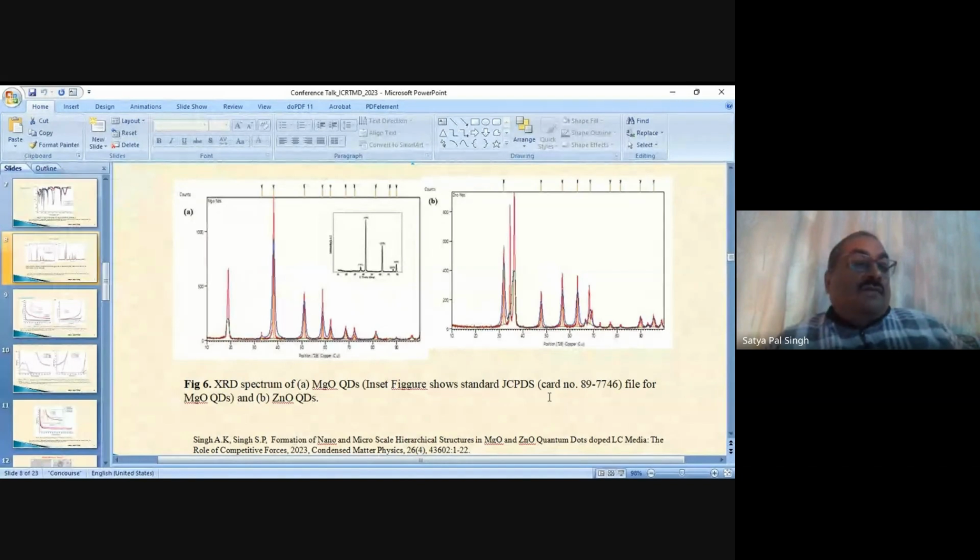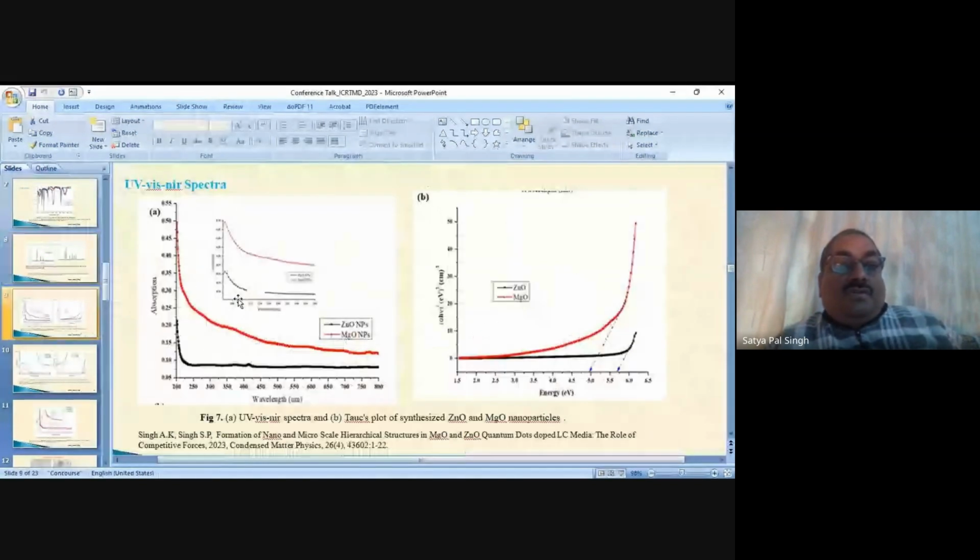Next thing, we do UV visible NIR spectroscopy analysis in order to obtain the band gap of these nanoparticles, MgO and ZnO nanoparticles. One way is to obtain the edge wavelength, and another way is we use the Tauc formulation, which is most commonly used for obtaining band gap.